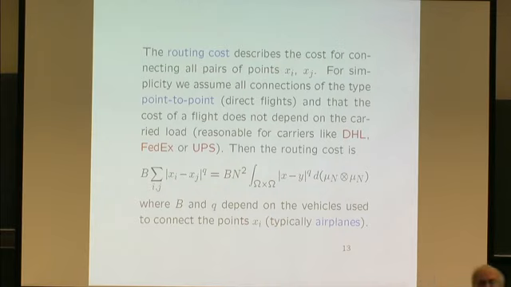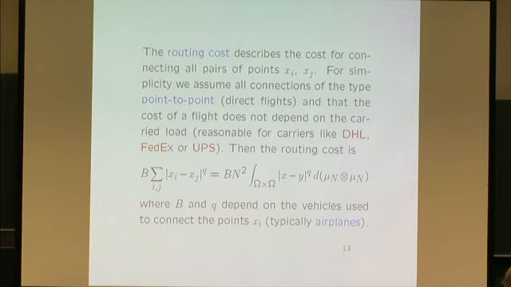The cost is considerably different. On the contrary, for these carriers, the real cost is the cost of the flight. This depends very little on the weight they are carrying. So this is a second simplification.